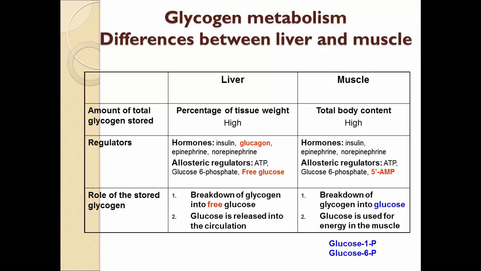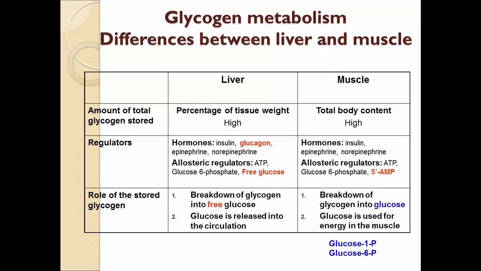Okay, so this is the last slide. I just made a comparison of glycogen metabolism between liver and muscle. First, the comparison is the amount of total glycogen store. It depends on how we talk about it. For example, in terms of percentage of tissue weight, liver should have higher glycogen than muscle, because the glycogen is more condensed in the liver compared to muscle.